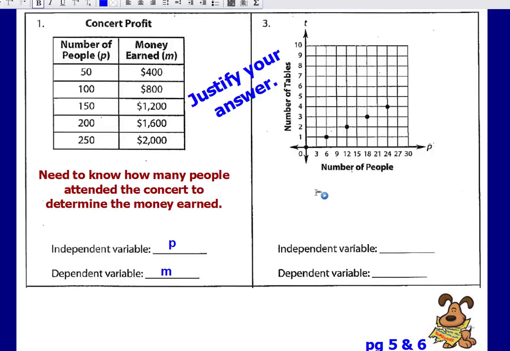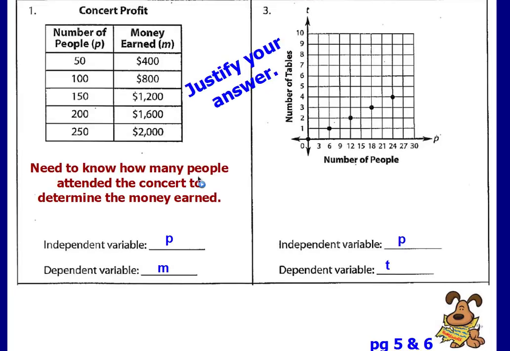Okay, let's look at our graph. We definitely know for sure that our independent is P, the number of people, and our dependent is the number of tables, T, and we know this because P is on the x-axis and the number of tables, T, is on the y-axis. But now we need to justify that.